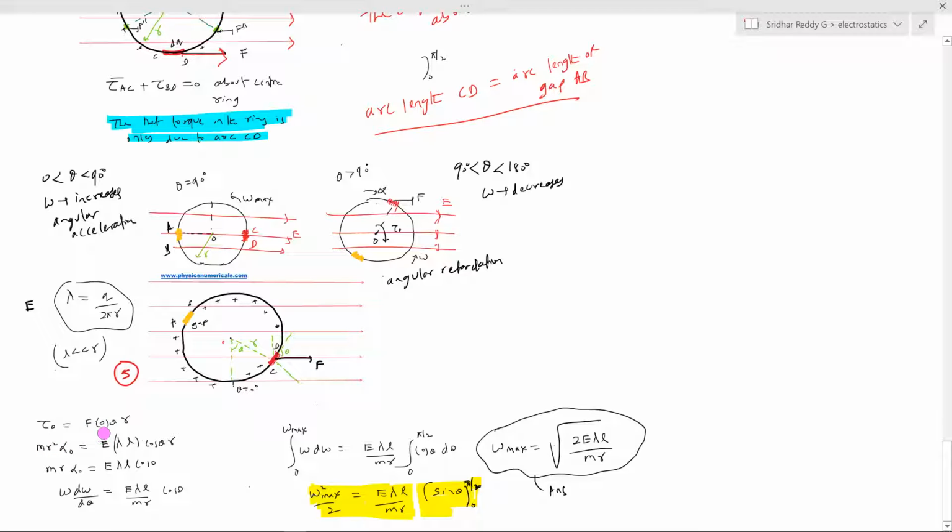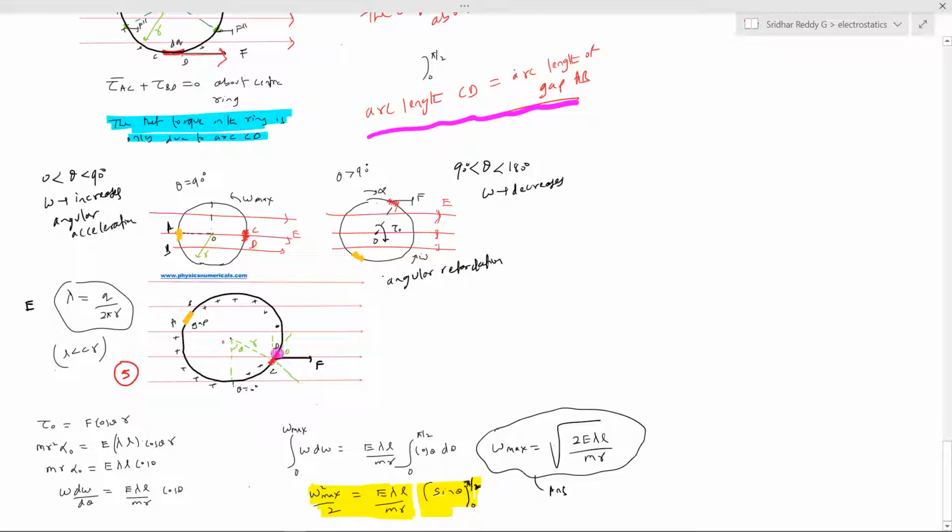What is F? F should be equal to the electric field strength E times the charge present in the length CD. So lambda into L, because AB is equal to CD. Already I mentioned arc length is equal to arc length of the gap.